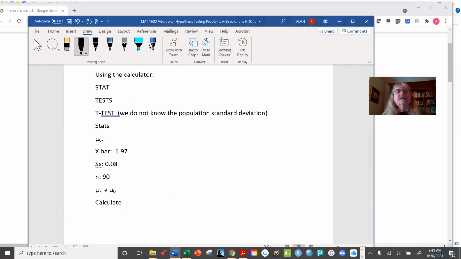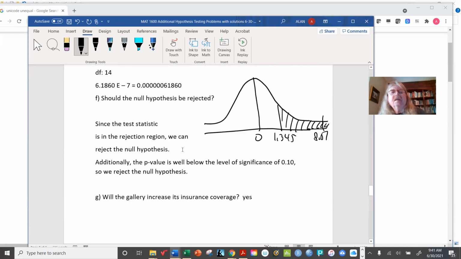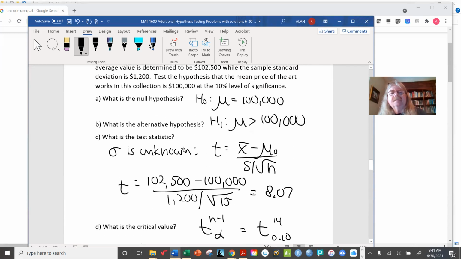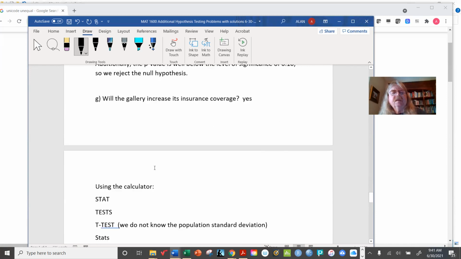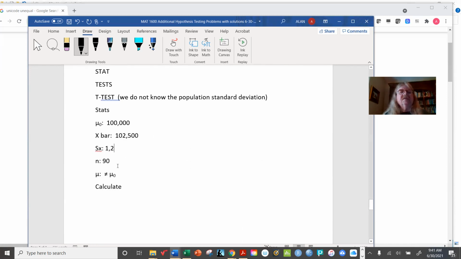Okay, so the mean in this case was 100,000. The sample mean, though, was 102,500. The sample standard deviation was 1,200. And the sample size was 15. But then keep in mind, this is a right tail test. So when you calculate this one, what should you get?